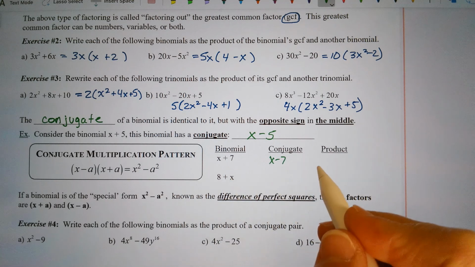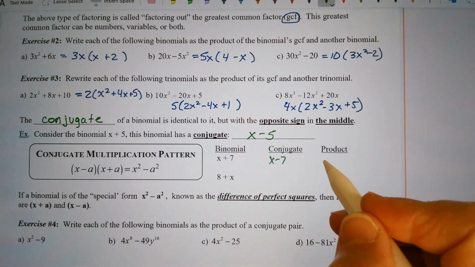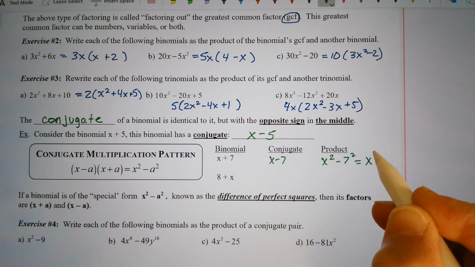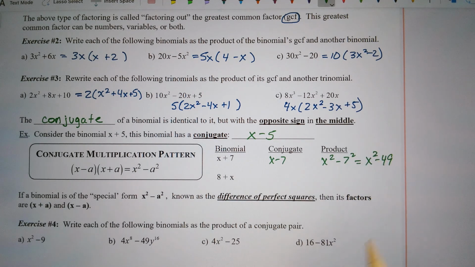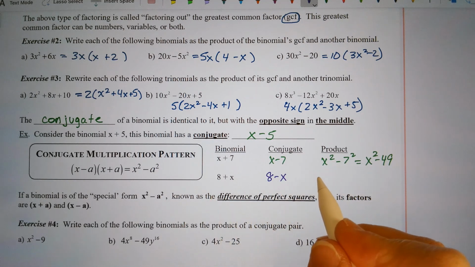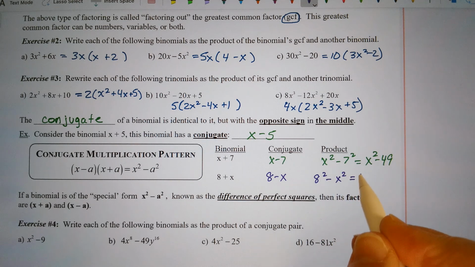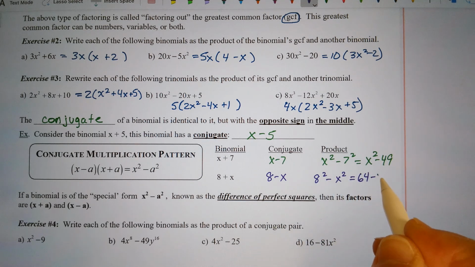The product would be x squared minus 7 squared, which is simply x squared minus 49. The binomial 8 plus x, its conjugate is 8 minus x. The product would be 8 squared minus x squared, which is the same as 64 minus x squared.